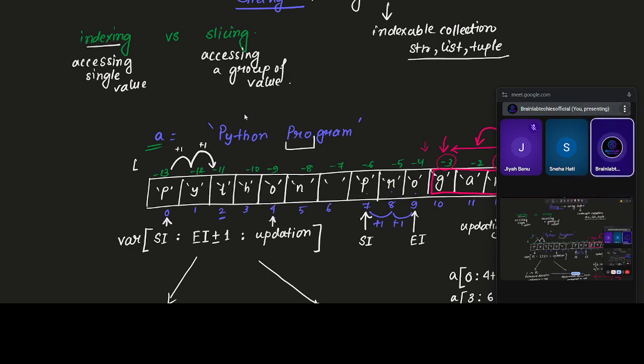Okay. Now, tuple. Tuple is an immutable data type, correct? So, is it possible to store any mutable data type inside a tuple? Yes.